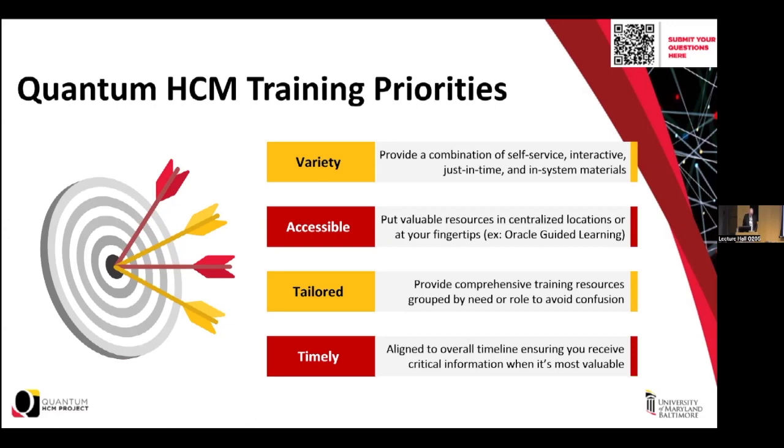Accessibility: centralized materials so that they are easy to access. Tailored: materials will be unique to roles to minimize confusion about what's relevant and for whom. And timely: the training will be aimed to be delivered at the right time, not too early, not too late.